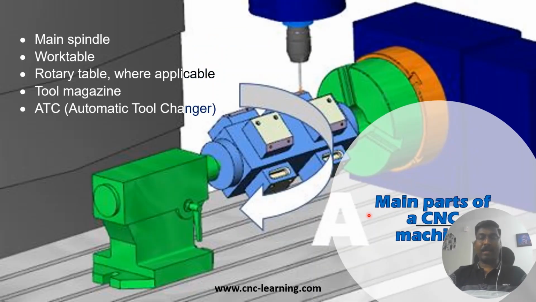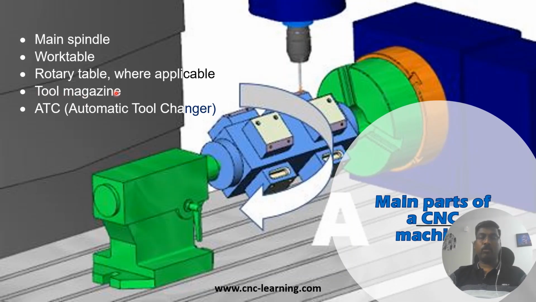On a milling center or machining center, there will be a main spindle which is a milling spindle, and there will be a work table, and there can be a rotary table wherever it is applicable. So in this case we are seeing a rotary table with fixture and then tailstock support.